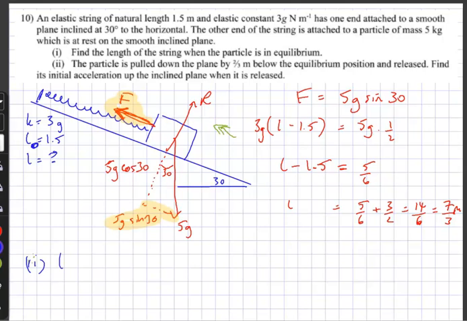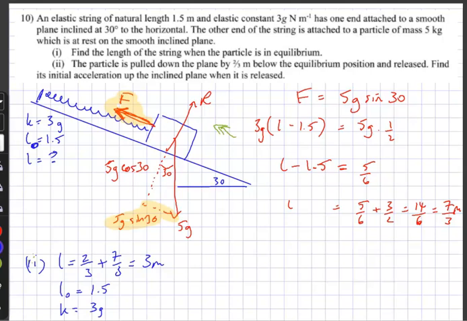Our new length is going to be 2/3 added on to 7/3, so our new length is going to be 3. Our natural length is still 1.5. Our k value is still 3g.